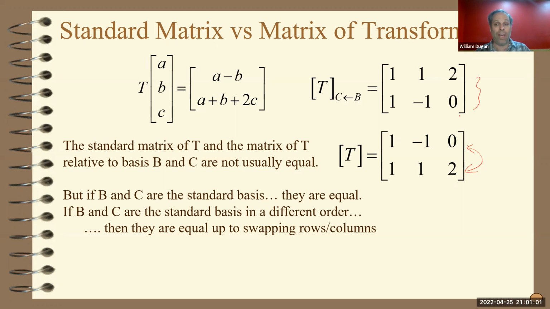So as long as the bases are standard bases in the normal order, then the standard matrix and the matrix of the transformation relative to those bases are the same thing.